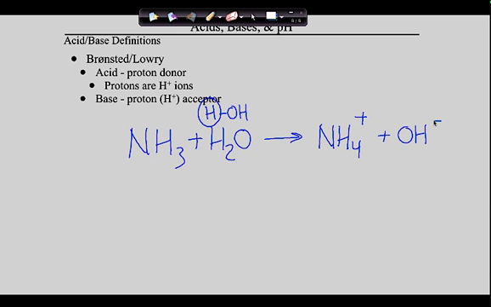So it turns out that in the Bronsted Lowry sense, bases don't have to contain OH because they can make OH by taking water and stealing a proton, a hydrogen. When the base steals a proton from water, the thing that's left over is OH, so it makes OH rather than containing OH, and because it makes OH, it makes it a base. You get the idea?